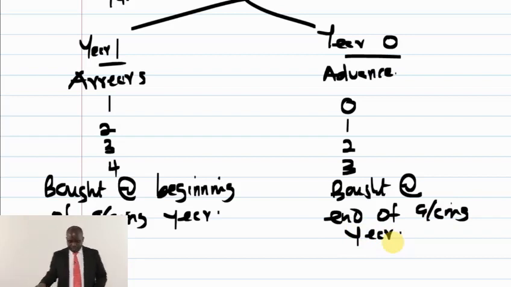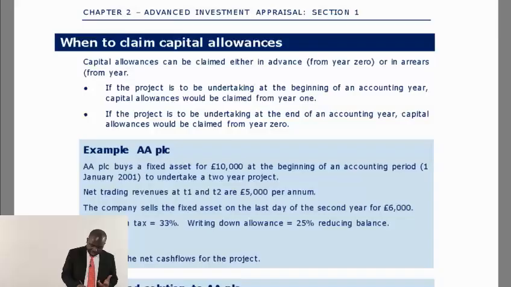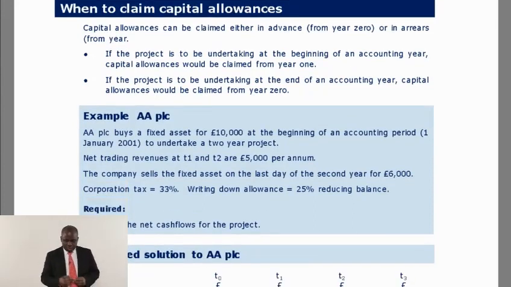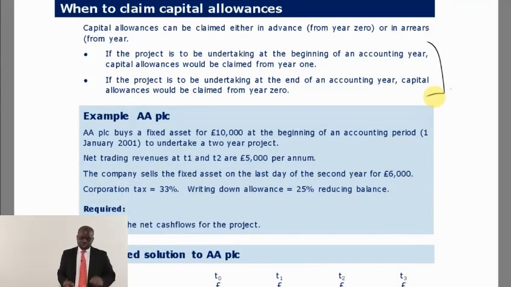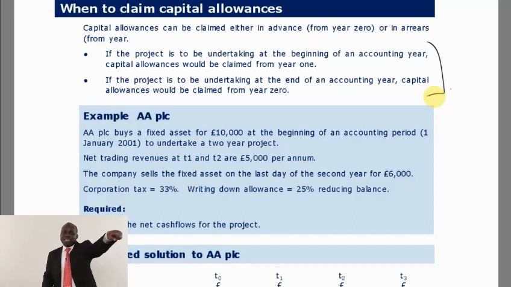Okay, so let's go and take figures to illustrate. If you come to your note, we've explained that one here for you. So when the asset is bought at the beginning of the accounting year, or the project is being done at the beginning of the accounting year, it will take 1 year for an account to be prepared. And it means capital allowance will go to the calculation of the taxable profit in a year's time.